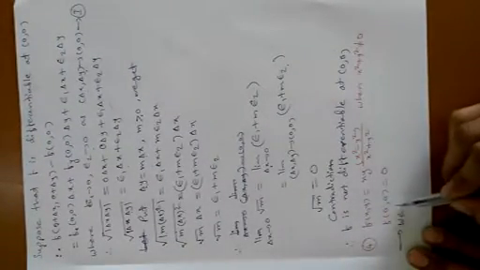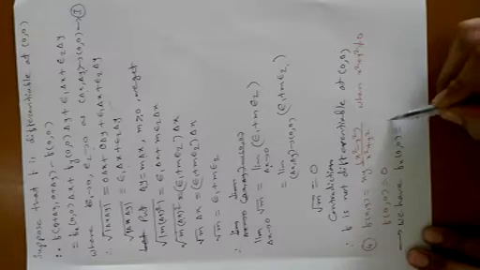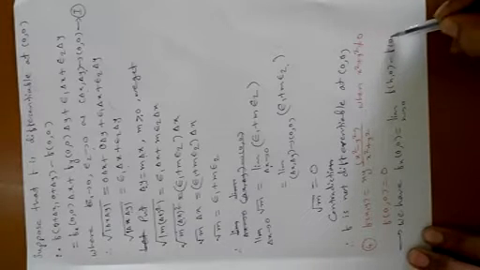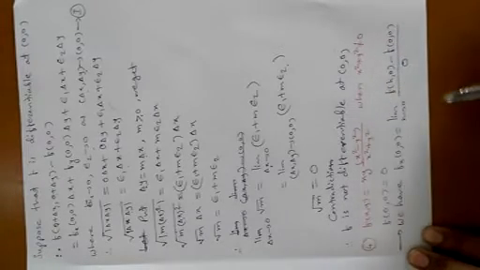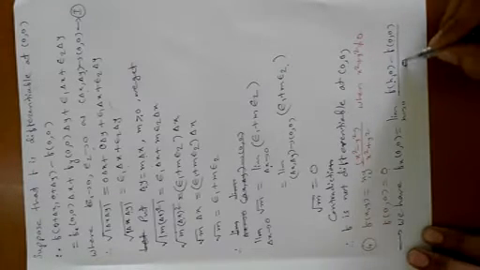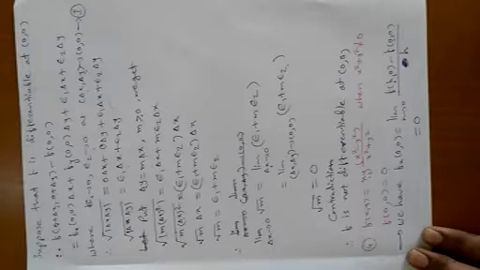Next we will find partial derivatives fx and fy. We have fx at 0 0 is equal to limit of f of h 0 minus f of 0 0 upon h. f of h 0 is 0, f of 0 0 is 0, so fx will be 0.